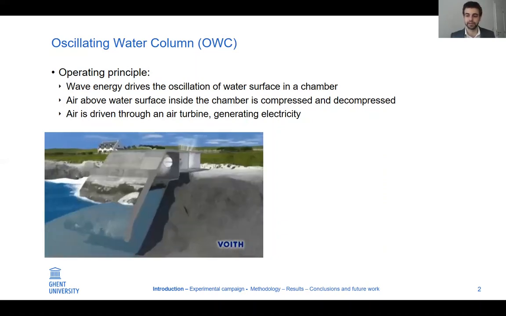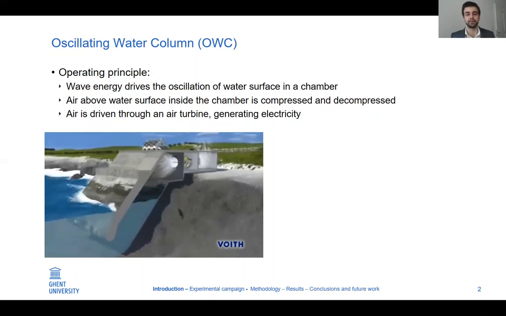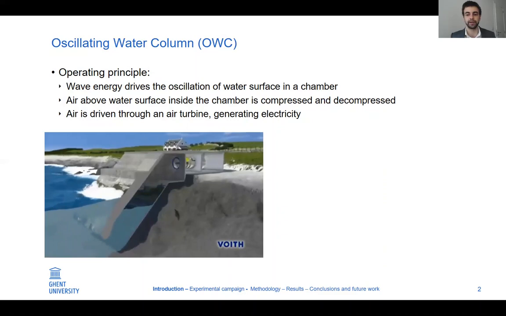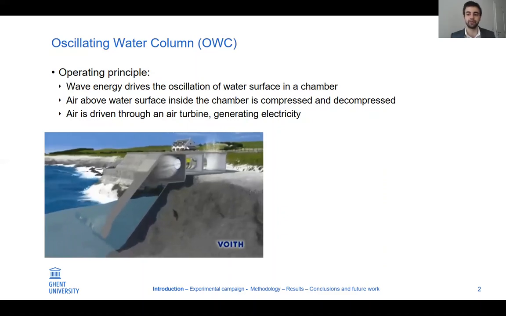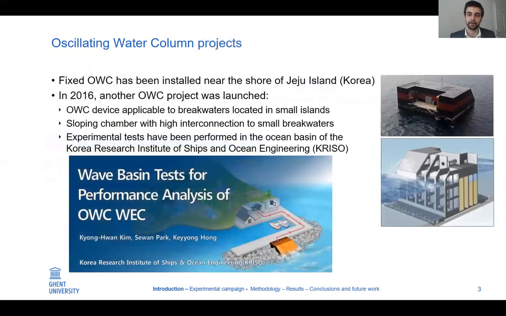Some examples of oscillating water columns installed in the past are the Limpet OWC in Scotland, the device at the Mutriku breakwater wave plant in Spain, the one at Civitavecchia in Italy, and one in Korea. In Korea, a fixed OWC has been installed before near the shore of the Jeju Island.